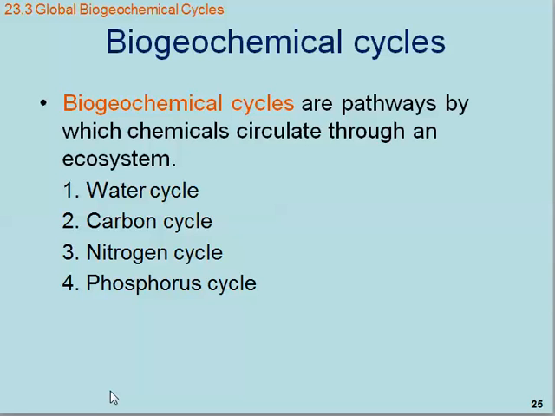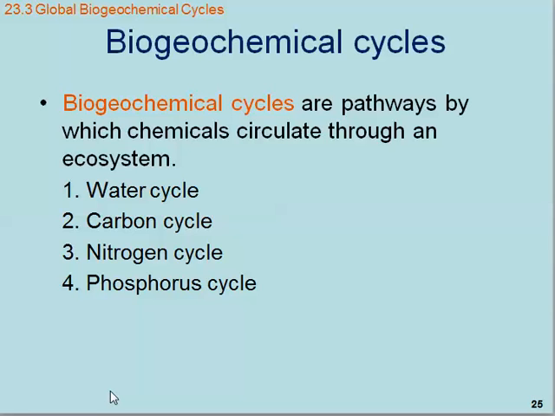We are going to look specifically here at four of them, four of the more important ones. The water cycle, the carbon cycle, the nitrogen cycle, and the phosphorus cycle. And we're going to also look at how humans, with our various activities and development and so forth on the planet, impact these cycles, because it's pretty important. We have significant impact.